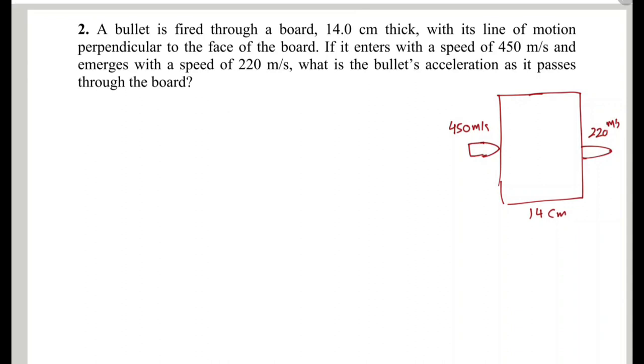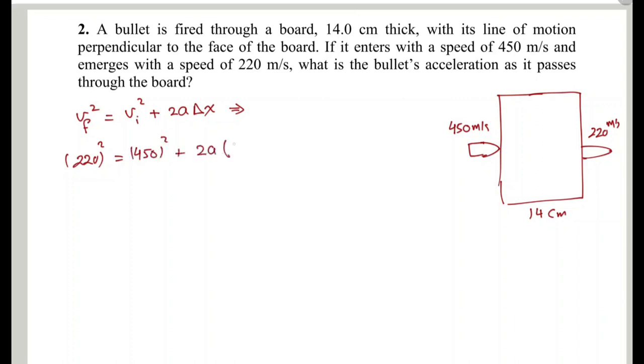Now let's use equations of motion. V final squared equals V initial squared plus 2a delta x, and you solve this one here. The final velocity, 220 squared, equals the initial velocity 450 squared plus 2a.